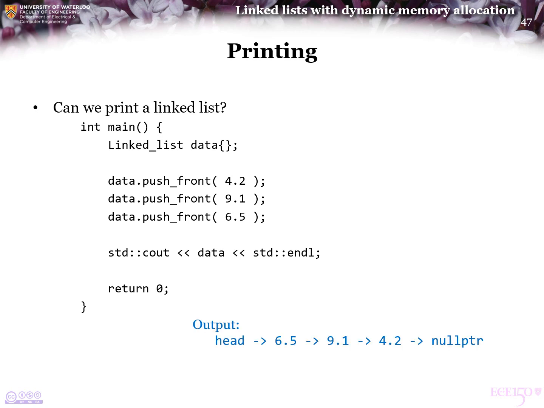For example, we are going to have the output printed as an explicit word head with an arrow indicating it is pointing to the node containing 6.5, with an arrow indicating that it is pointing to the next node that contains 9.1, and so on and so forth until the last node is explicitly shown as pointing to null pointer. You don't have to print it this way. You could instead opt to print a linked list as a list as follows. That would work too, but we're going to do the first.